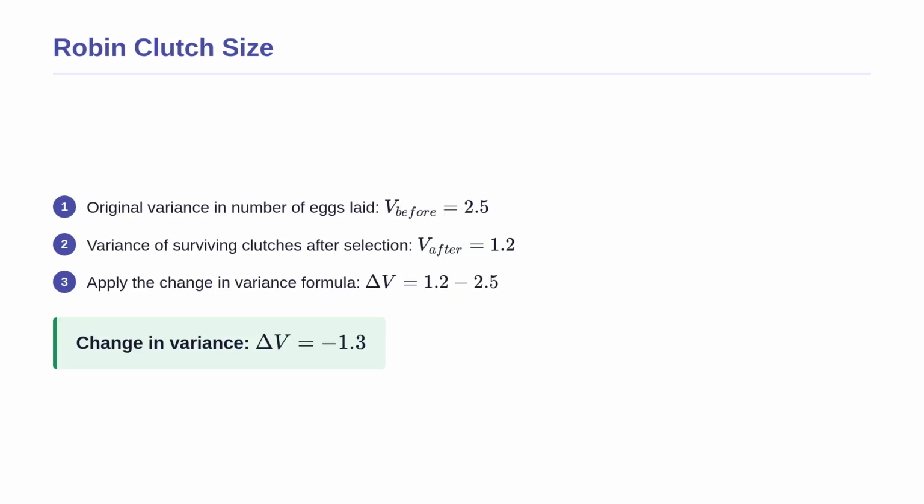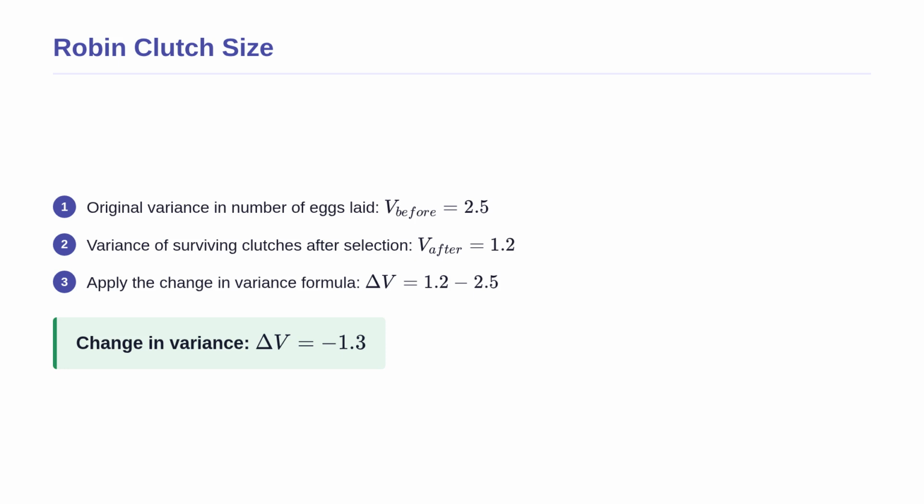Let us apply this variance formula to a real-world balancing act, the number of eggs a robin lays. We are given that the original population has a clutch size variance of 2.5. Robins laying too few eggs have fewer babies, while those laying too many cannot feed them all.